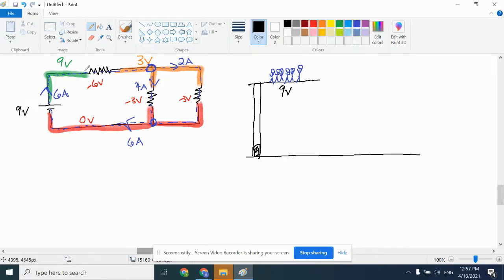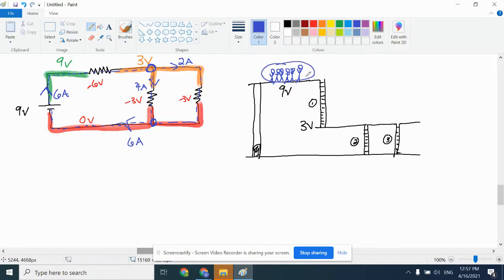Now, looking at this circuit, I have no choice but to go through R1. So I'm going to put one ladder. There's only one way to get from 9 down to 3. But once I've done that, there's actually 2 options. I can go down ladder number 2, or I can go down ladder number 3.